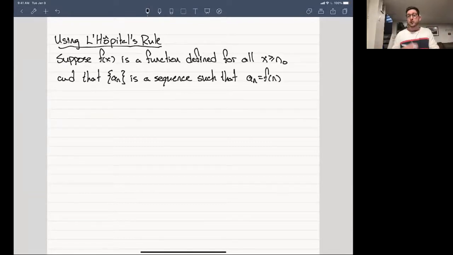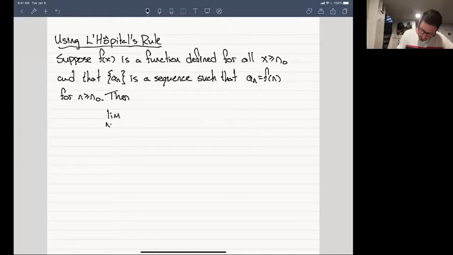So you're describing the elements in this sequence by just evaluating the function at some integer. And this is for n greater than or equal to n0. This is just a technical piece of this. You're probably never going to see this when you're doing these problems, so don't get hung up on some of the more technical aspects. Then these limits are the same.